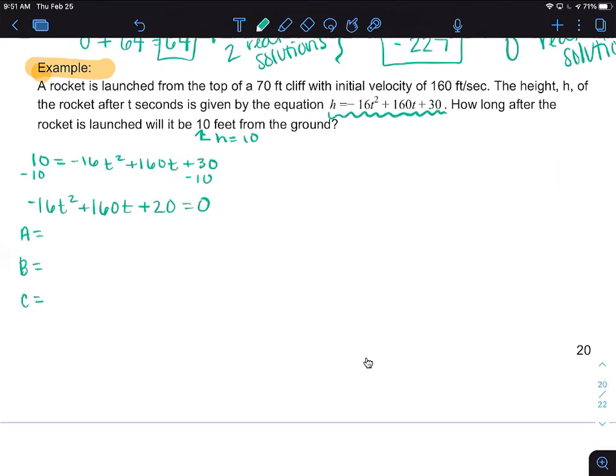So what is A? -16. What is B? 160. And what about C? 20.